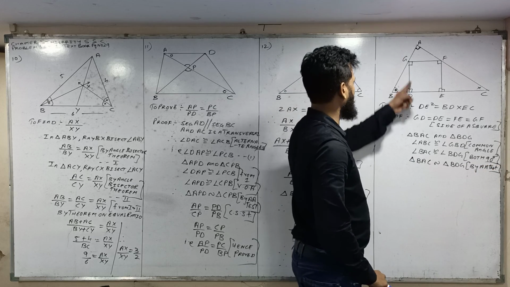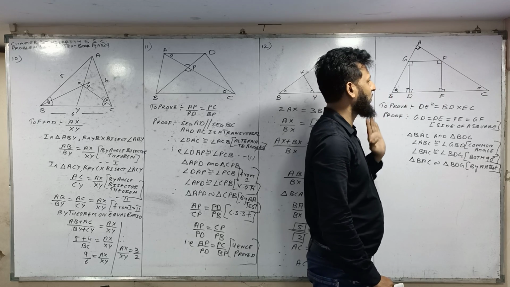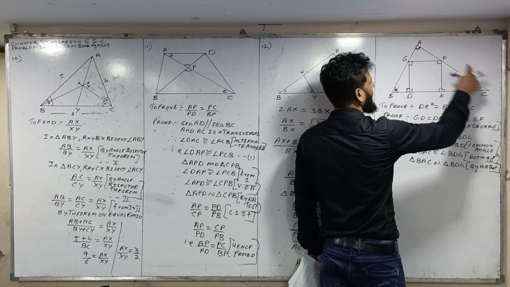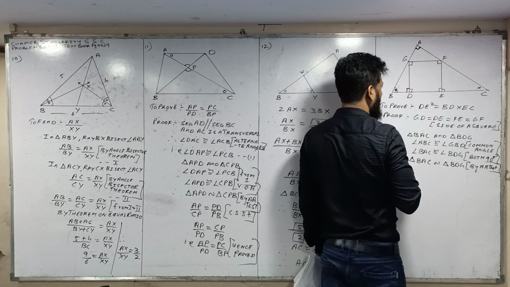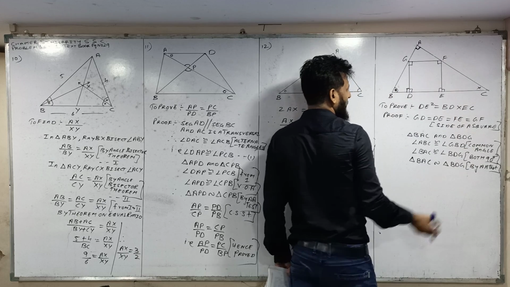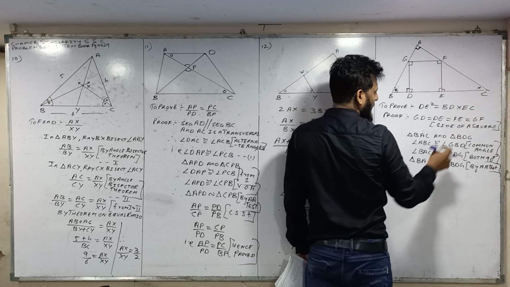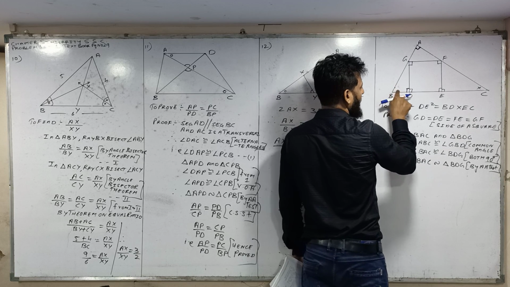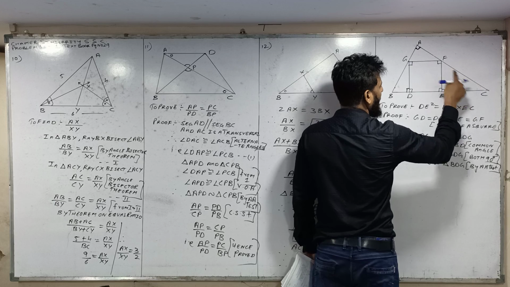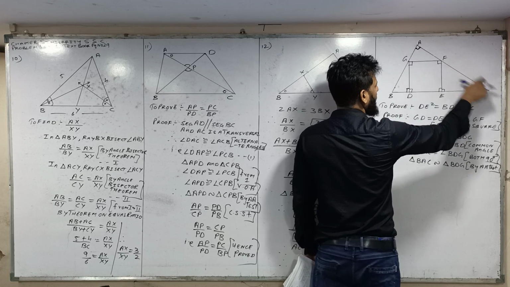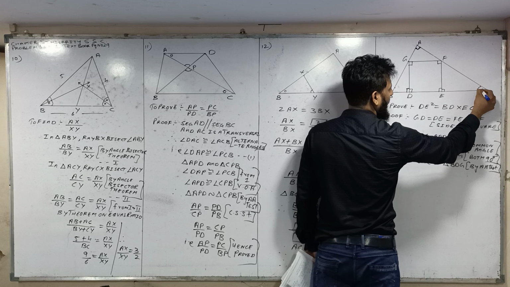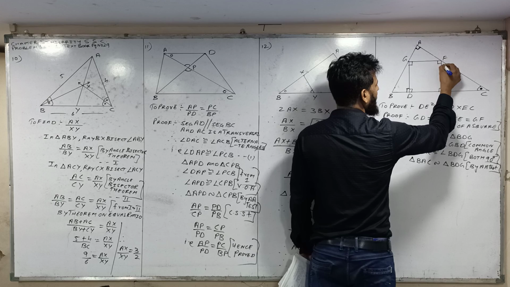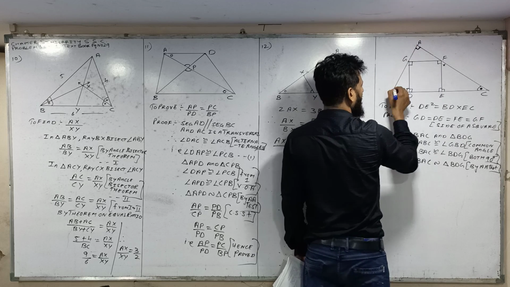So first we prove this triangle and this triangle similar, then this triangle and then this triangle; we have to prove the full triangles similar. Now we are changing the position. Now we are taking this triangle. I am removing the sign because I have to take this triangle now. When I take this triangle and this triangle, the common angle is this, and for this triangle the third angle is this, and for this triangle the third angle is this.